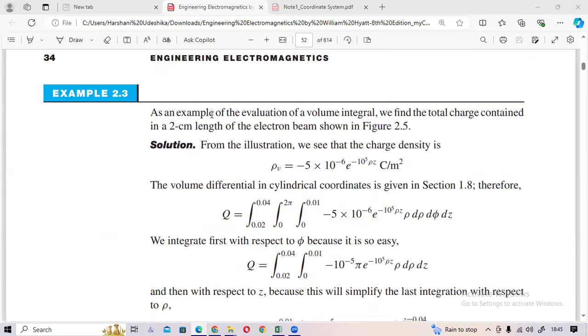So to handle volume charge and surface charge distributions, you need to know the volume integral and surface integral.